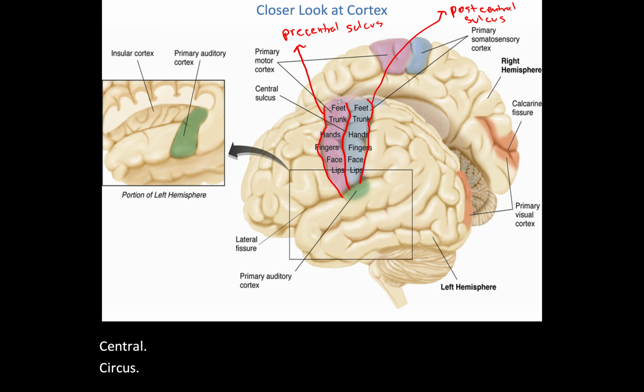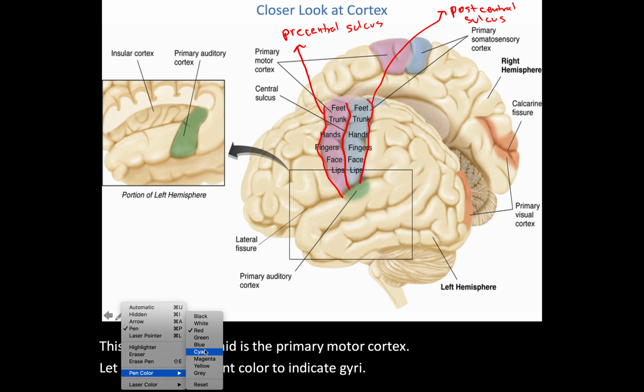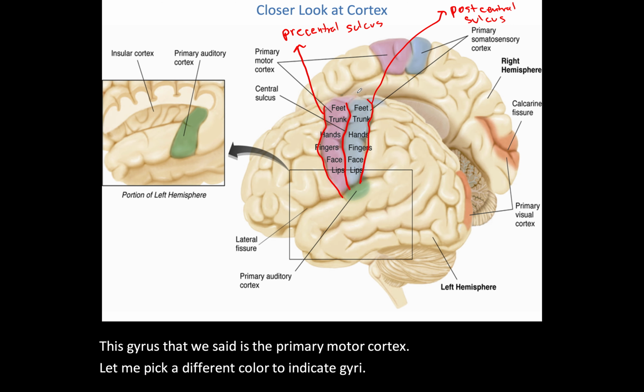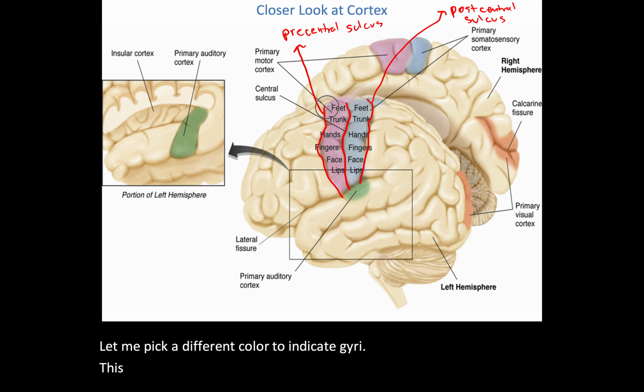Now, this gyrus that we said is the primary motor cortex, let me pick a different color to indicate gyri. This gyrus is just ahead of the central sulcus, right?